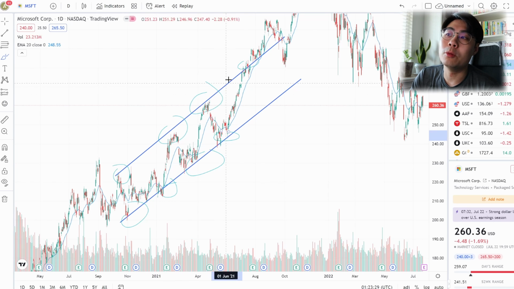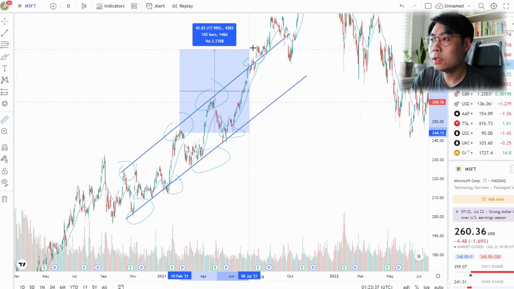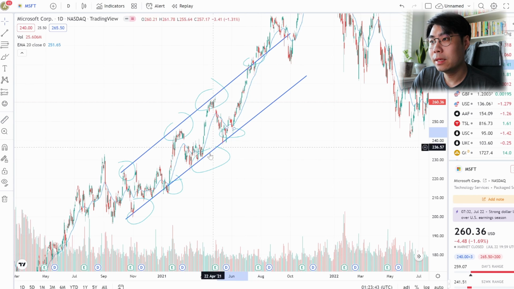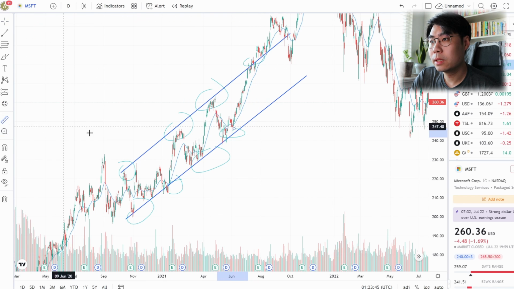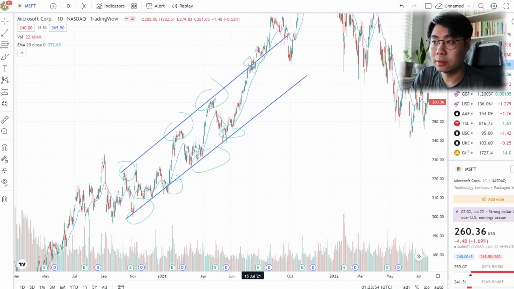Sure, you can maybe still make some money out of it, right? Let's say if we take from this high to this high over here, it's still a decent 15% gain, right? However, if you wait for the lows to occur, that's an additional 5-6% just from one fluctuation, right?